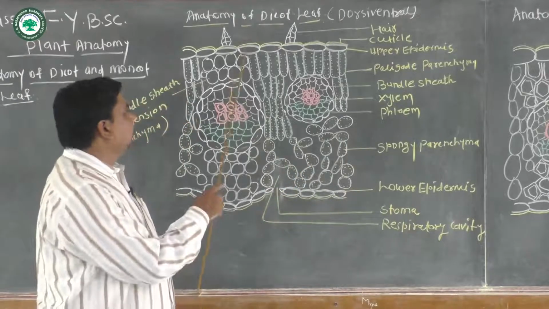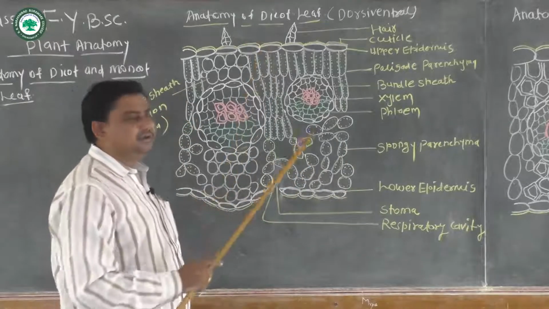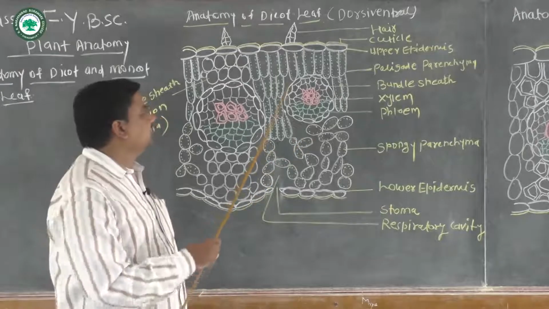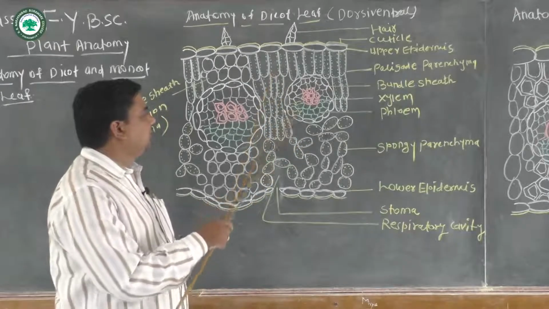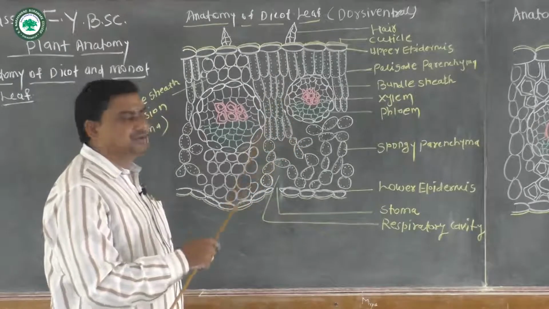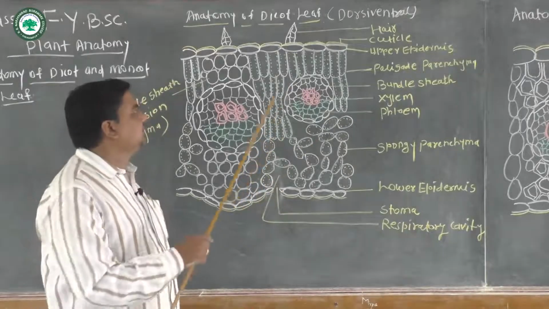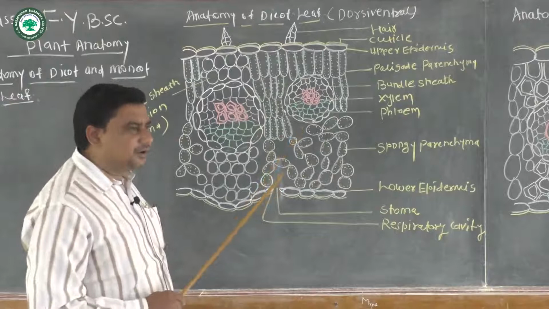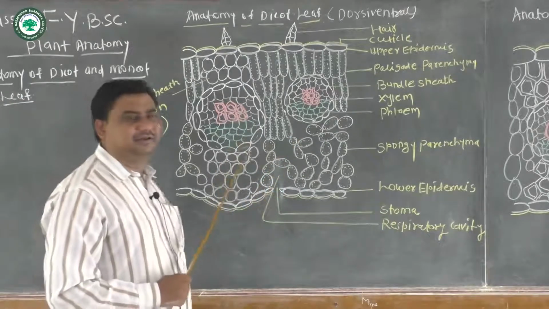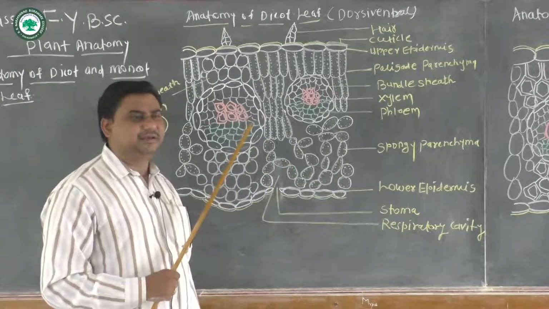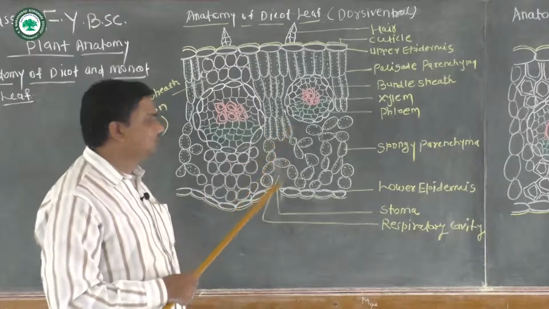Then the epidermis protects the internal tissue of the leaves, and the second thing is that it protects the leaves against disease and pests.